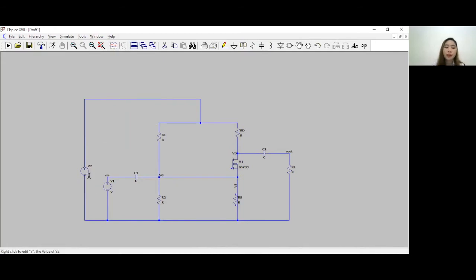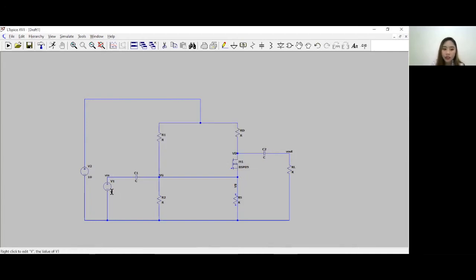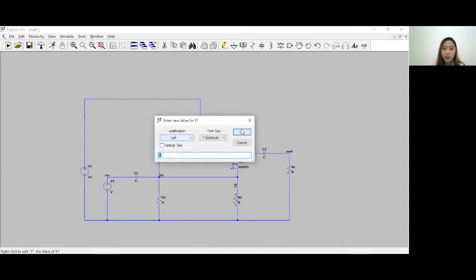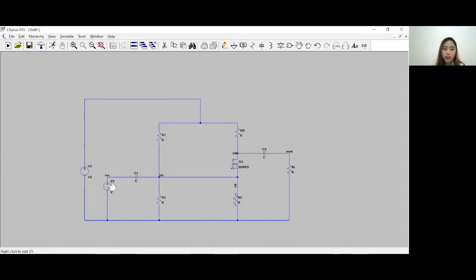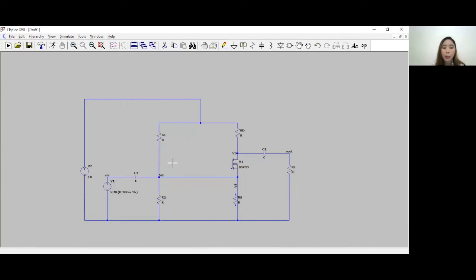Now we will put the values for our components. First we have 10. And then in our voltage one, we will use a sine or the SIN. We will have 0, 100m amplitude, and 1 kilohertz for the frequency.